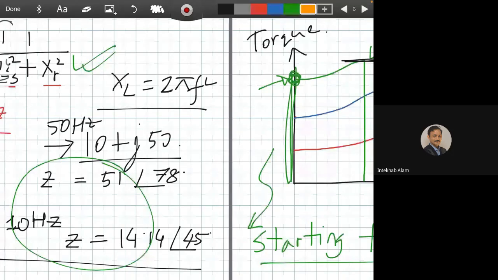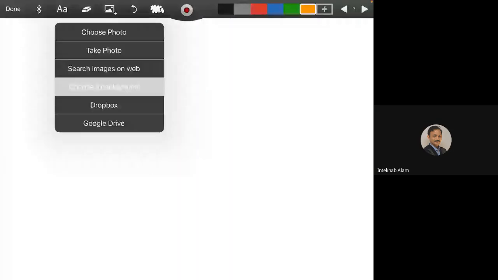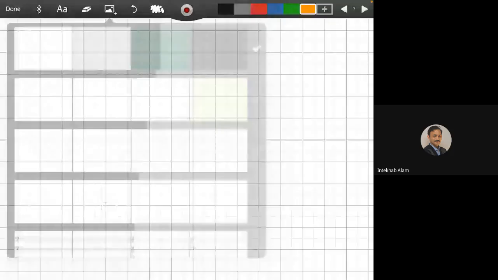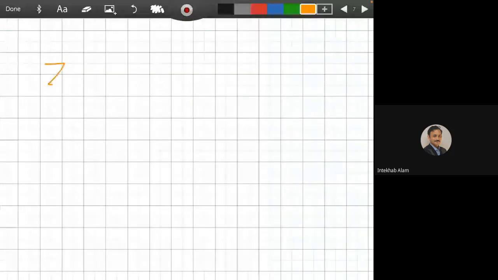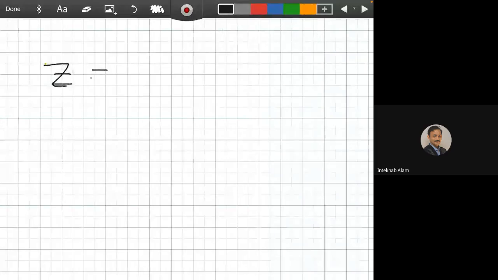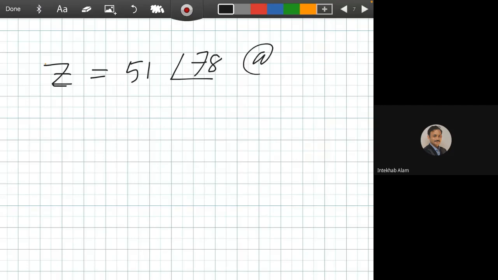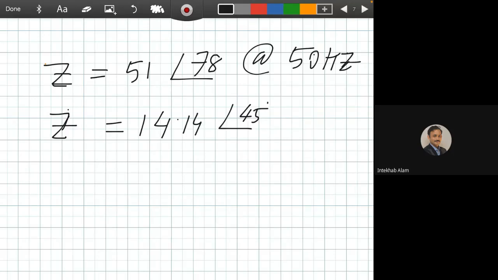If not, we can see that if omega is decreased, then there is a decrement in the value of the same Z. Z equals 51.78 at 50 hertz, and Z equals 14.14 at 45 degrees at 10 hertz.